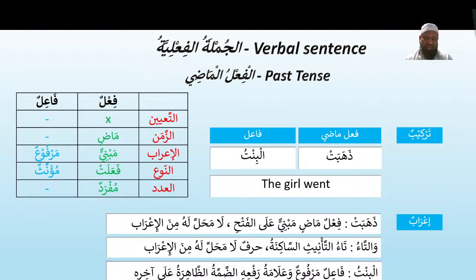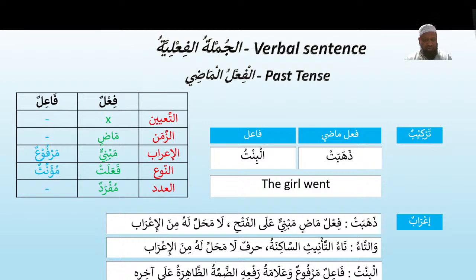Then we just said التاء تاء التأنيث, and that's why we left it there, because we had just started then. Maybe a little bit we understood, but now we understand. We'll be adding more things. Okay. So التاء تاء التأنيث الساكنة حرف لا محل له من الإعراب.